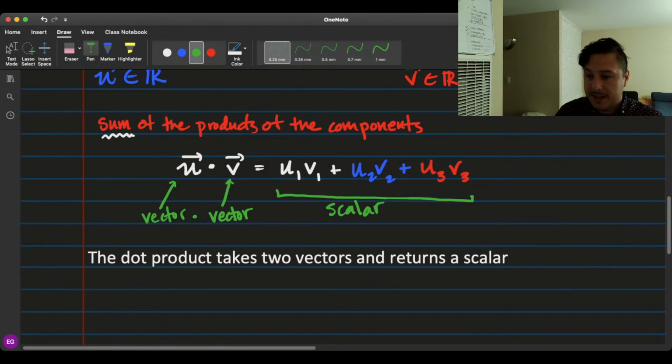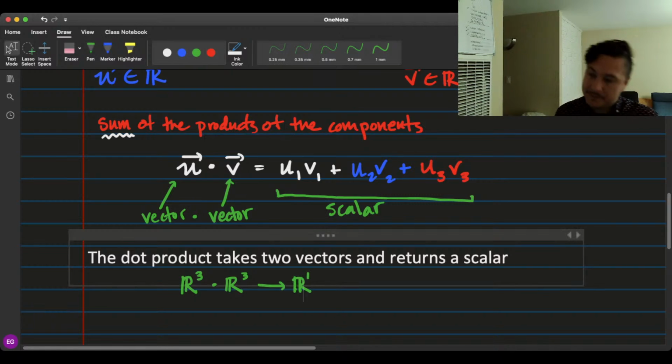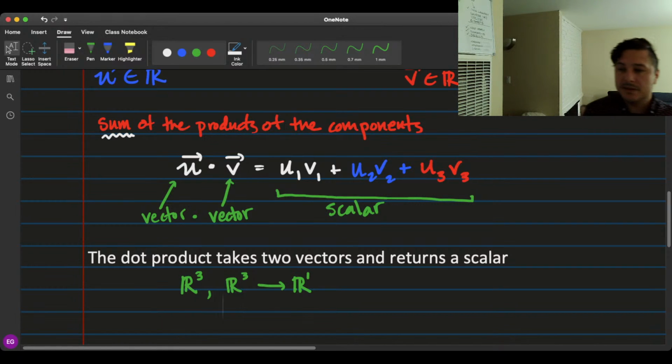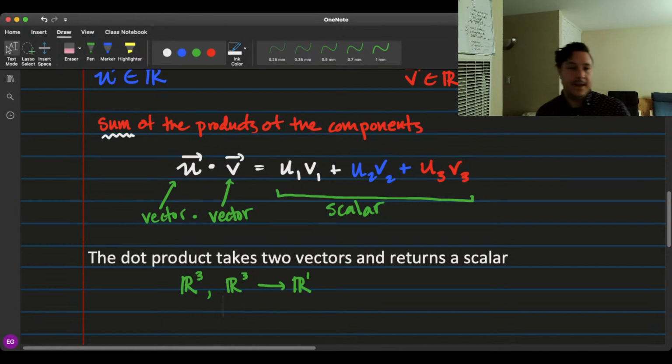The way we would actually write this in math is we would say you took R3, you dotted it with R3, and then what you got out was a number, which is just R1. And normally you would just put a comma in between them. Let's just do that. So I took two things from R3 and it spit back a number from R1. R1 is just a number, a number on the number line.